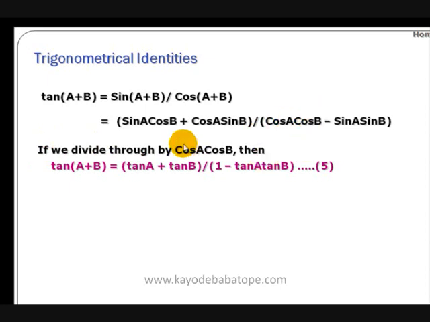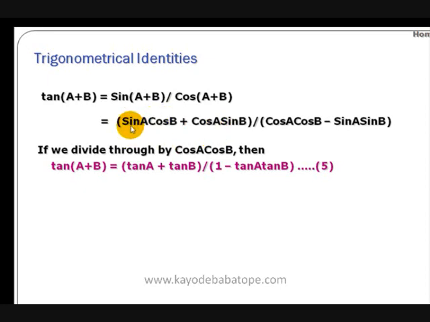So if you divide through both the numerator and the denominator by cos A cos B, what are you going to find? You are going to eventually come up with sin A cos B over cos A cos B plus cos A sin B over cos A cos B. What will that give you?